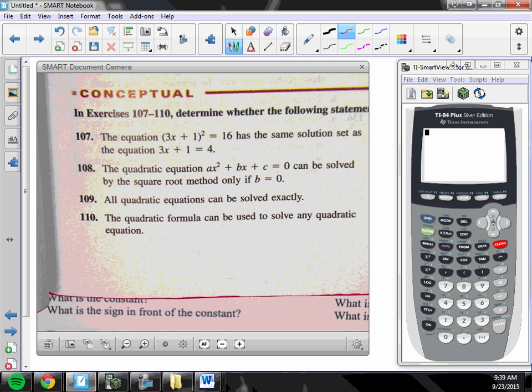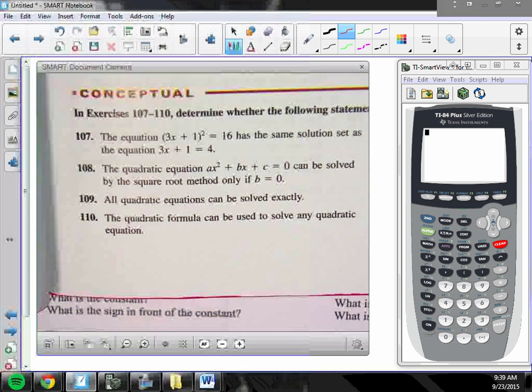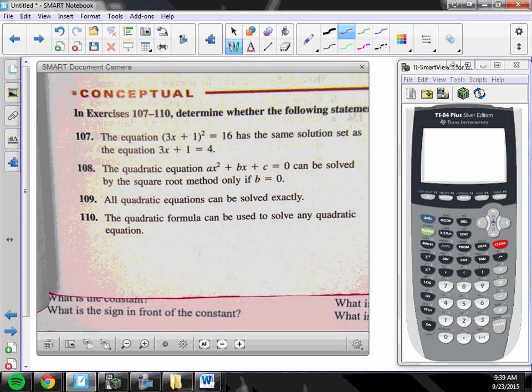Okay, 109: all quadratic equations can be solved exactly. What does that mean? If you graph it and you get an irrational decimal, is that the exact answer? No. But can you solve every quadratic equation using the quadratic formula?